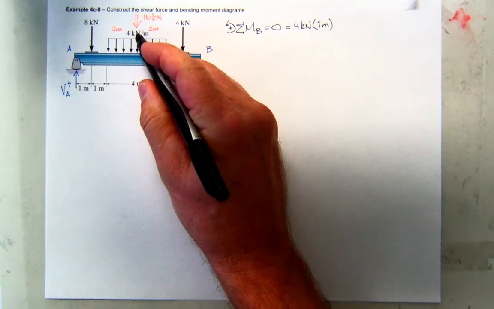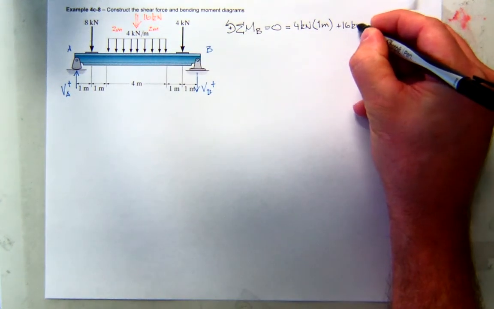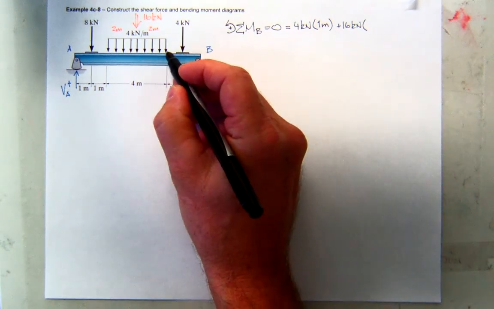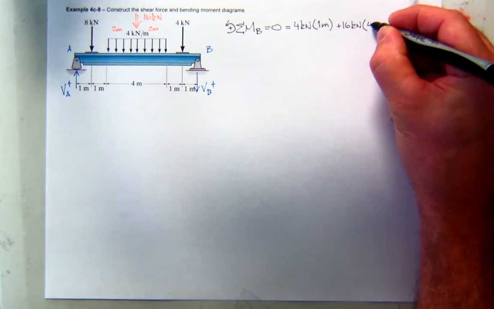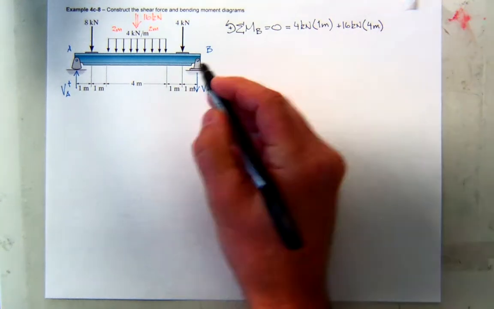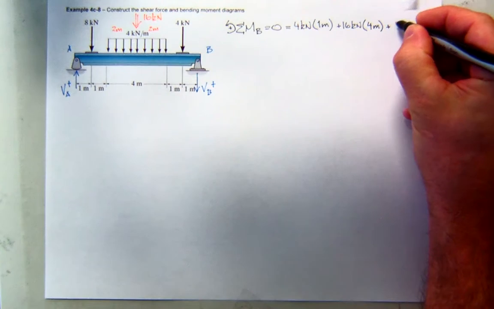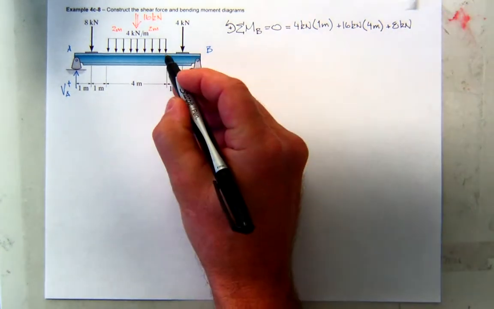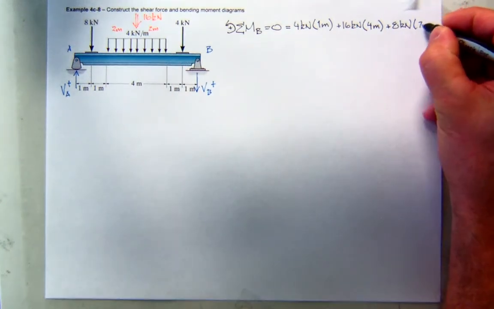And then our concentrated equivalent force, 16 kilonewtons times a distance of 1 meter, 2 meters, and then 2 more is 4. And then this 8 kilonewton force. So we got 1, 2, 6, 7 meters.